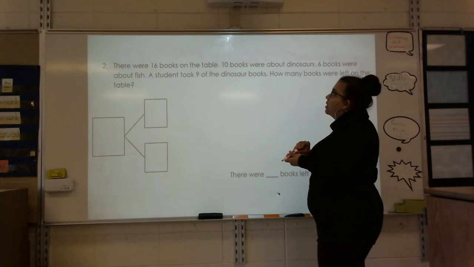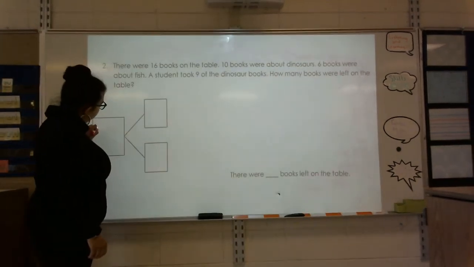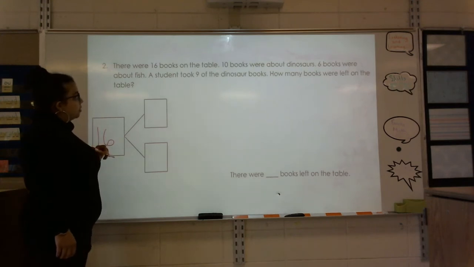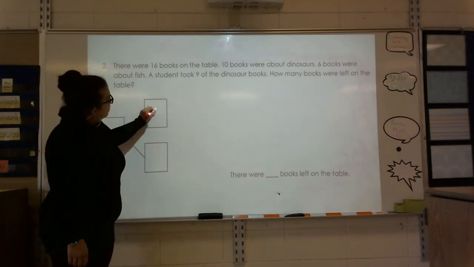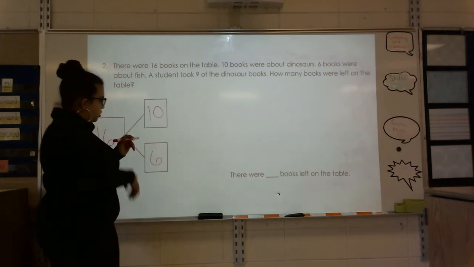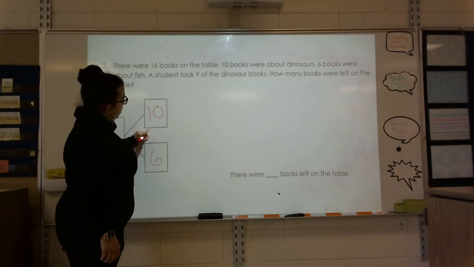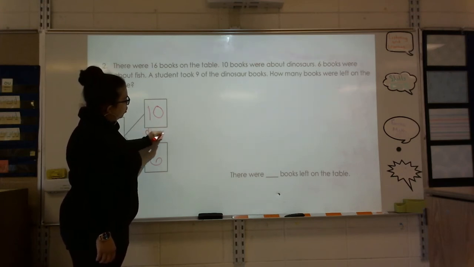There were 16 books on the table. That's the whole, that's all the books. 10 books about dinosaurs. 6 books about fish. So these 10 are about dinos. We'll put dinos for short.